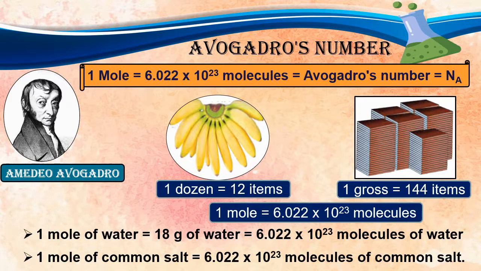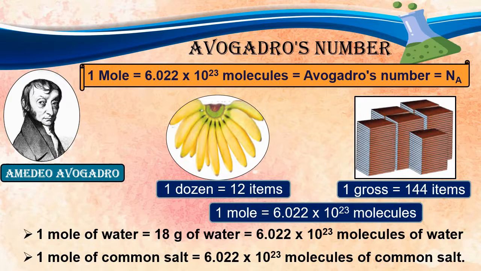Now we have learnt that 1 mole of a substance contains 6.022 into 10 raised to 23 molecules of that substance.